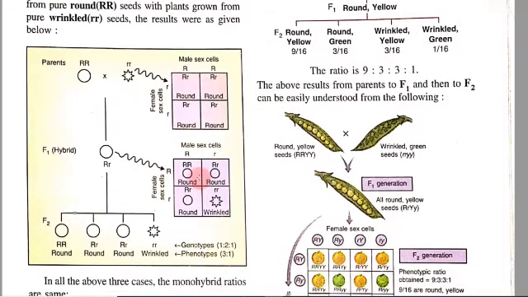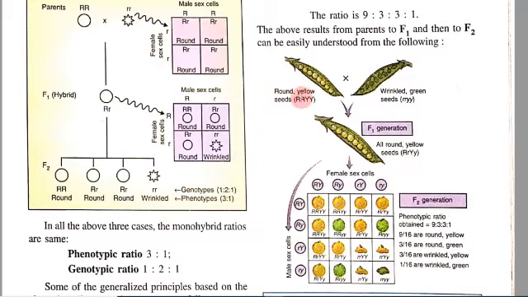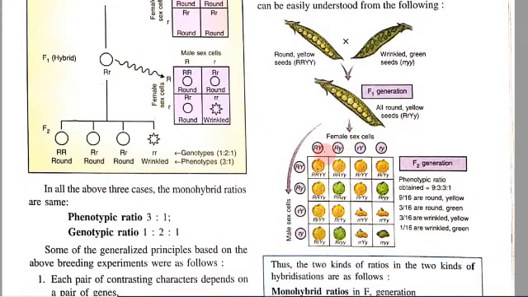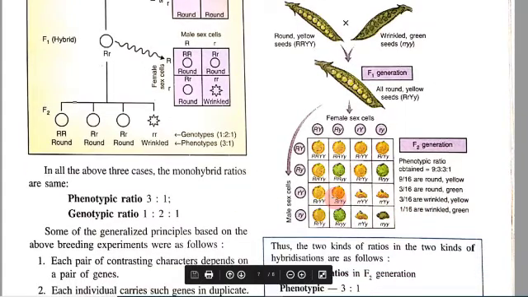In the F1 generation, all plants are round and yellow. But in the F2 generation they get 9:3:3:1. So out of 16, 9 are round and yellow, 3 are round and green, 3 wrinkled and yellow, and the last one is wrinkled and green. This is the dihybrid cross.